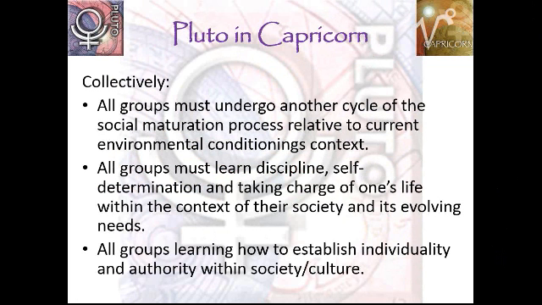So this is all going to be accelerated through Pluto retrograde in Capricorn. And over the next 5 months, you're going to hear about this group in this country and that group in that country standing up, taking charge.